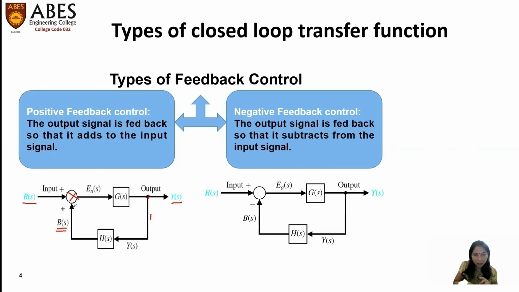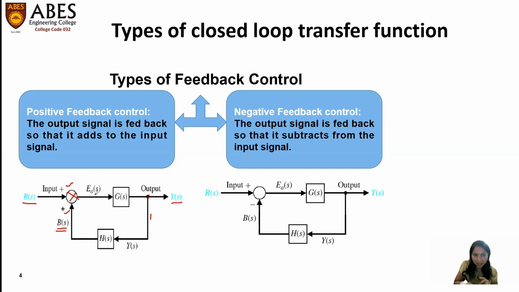The summation of these two signals, that is the input signal and the feedback signal. Why am I saying summation? This summation point will take the algebraic sum, right? So for that purpose, we have to see the sign over here. Here the input is given with a positive sign and the output is also fed with a positive sign.